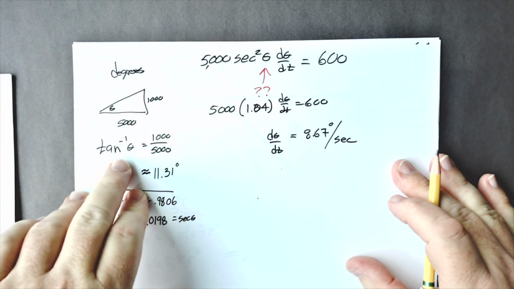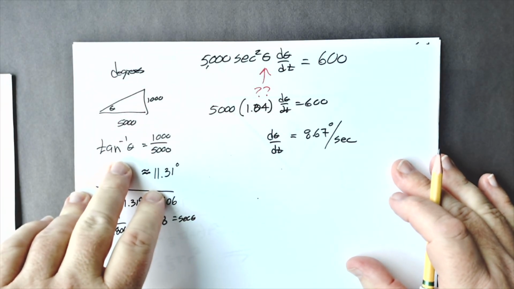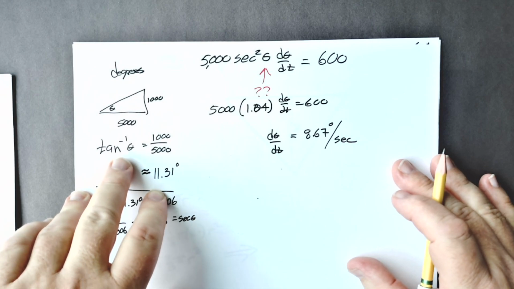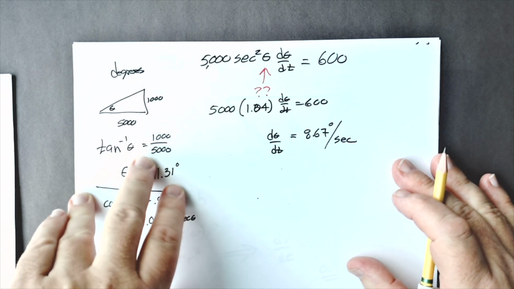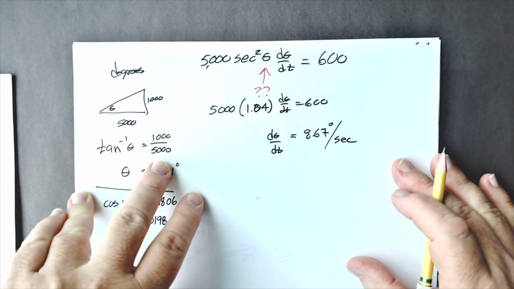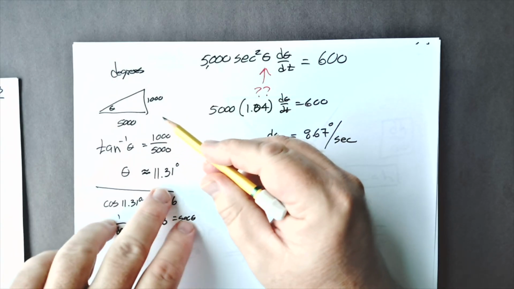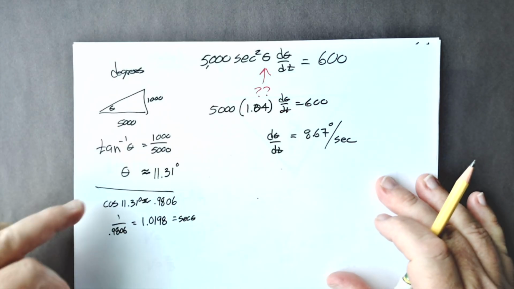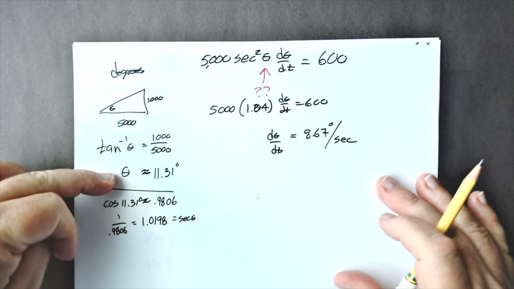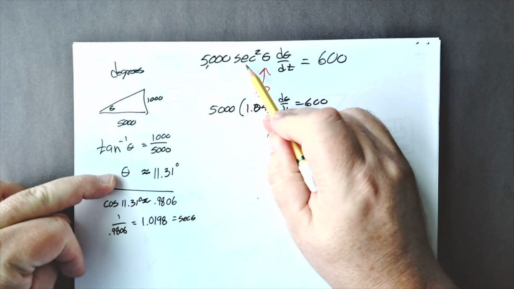One way to do it would be to say, what's the arc tangent of, I wrote that backwards, oops, of 1,000 over 5,000, and it's about 11.31 degrees is our theta. And then for this, we want to know what's the secant of theta.